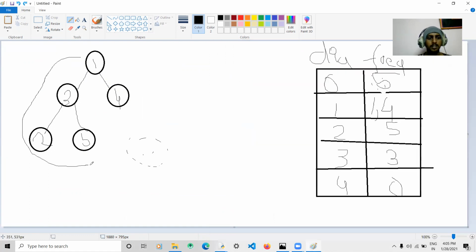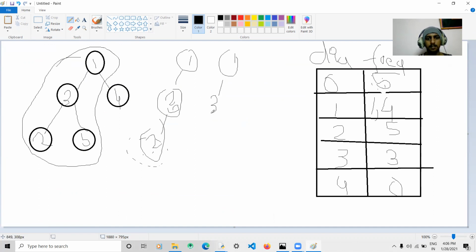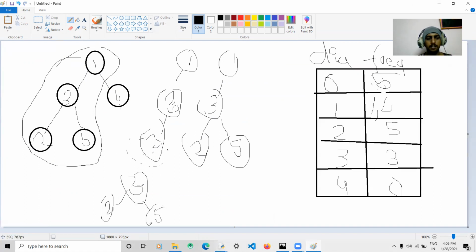Okay, this is also a tree that has diameter 2, right? Because we're just taking one node. So one of the trees is like this. The second tree is like this, subtree actually. And we have one tree like this, 3, 2, and 5.